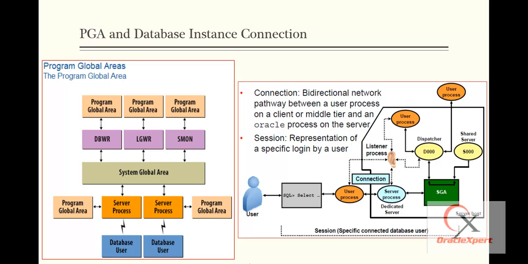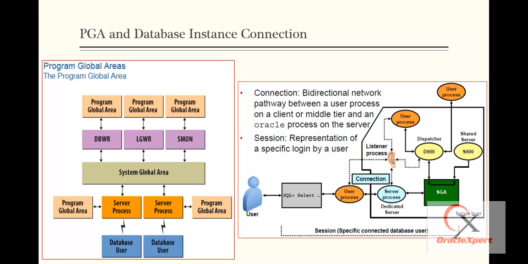To describe the program global area: any program that you run, any program that you execute, would be loaded into RAM. The program might also need to define certain variables and data structures for its working.